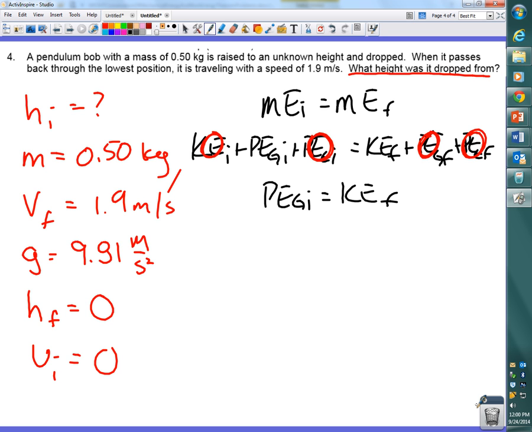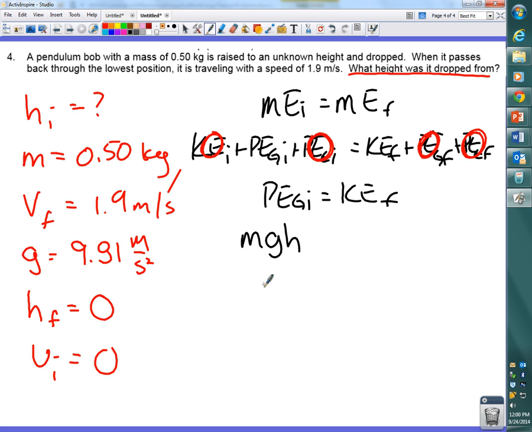Now, the thing we're looking for, the initial height, doesn't show up in this equation as it's written, right? But we know that we calculate the gravitational potential energy according to what? Tommy, what three things do we have to know to calculate the gravitational potential energy? Height, mass, acceleration.